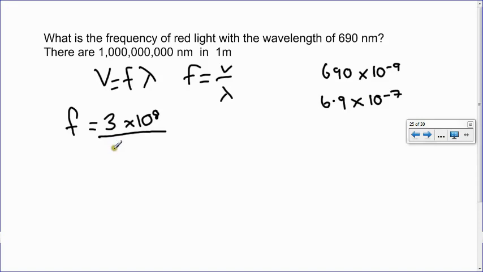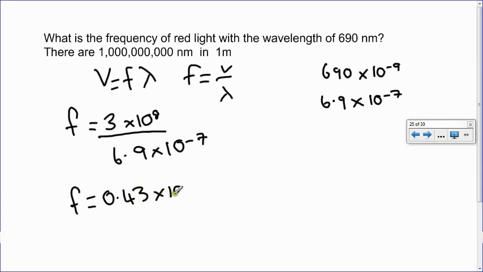So we've got 6.9 times 10 to the negative power of 7. We saw in one of the previous videos that to divide you need to take away the powers. So first of all we'll do our frequency. So 3 divided by 6.9 is 0.43.